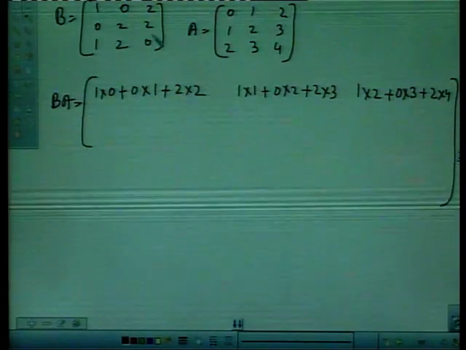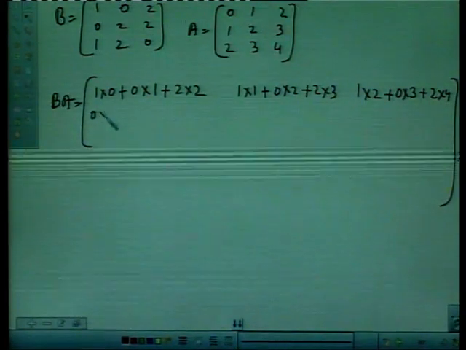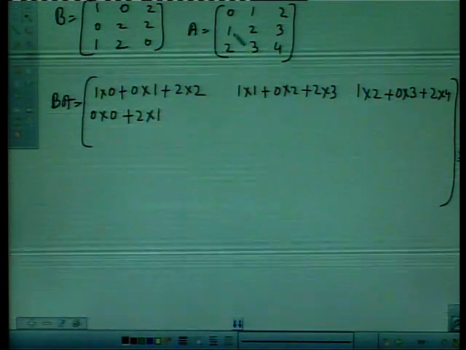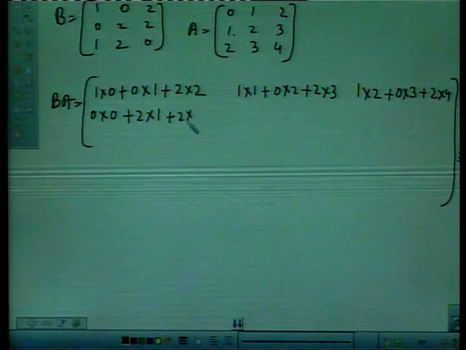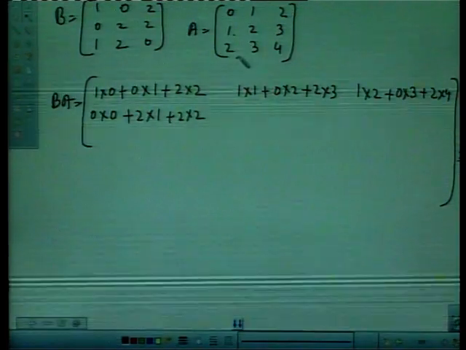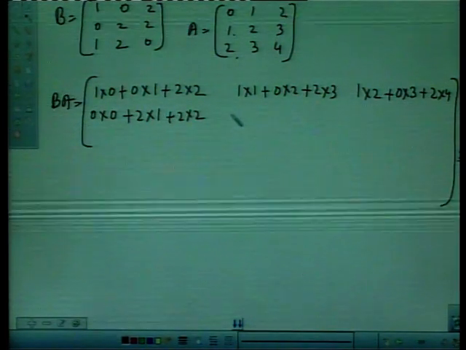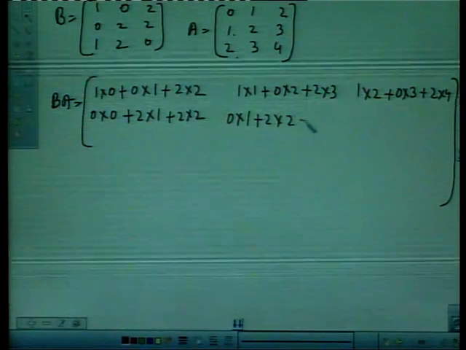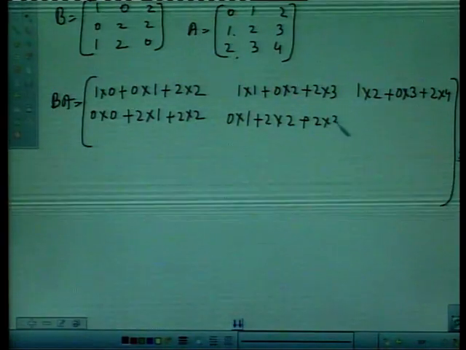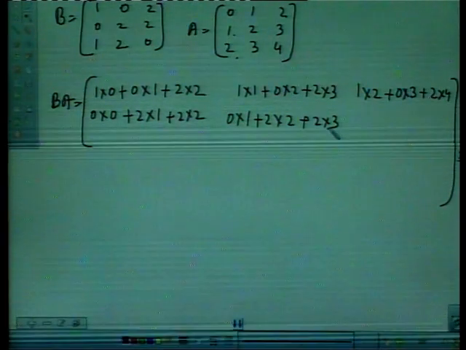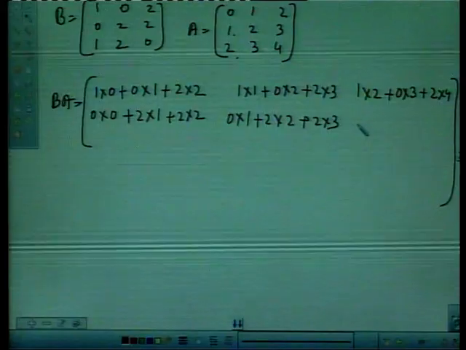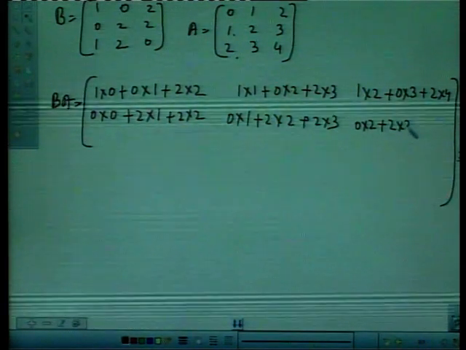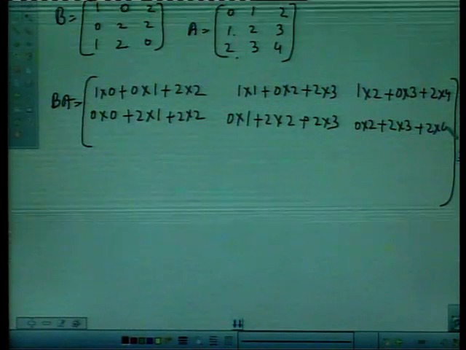Now second row: 0 multiply by 0, 2 multiply by 1, and 2 multiply by 2. Now second row, second column: 0 multiply by 1, 2 multiply by 2, and 2 multiply by 3. Now second row, third column: 0 multiply by 2, 2 multiply by 3, and 2 multiply by 4.